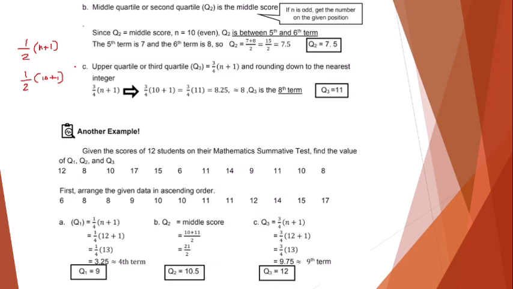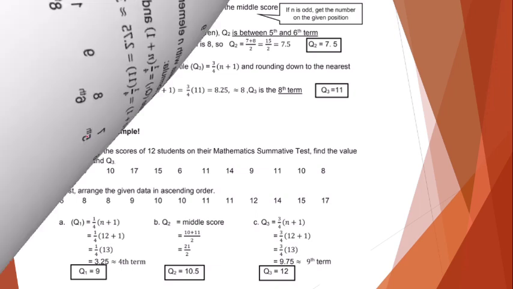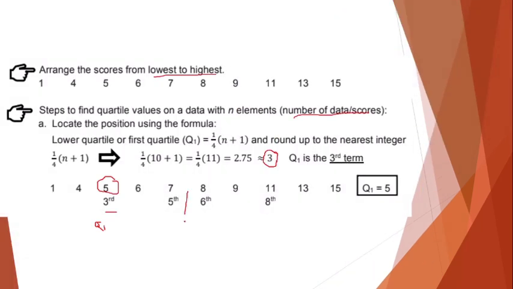So multiply, we have 11 over 2. If you divide it, that is 5.5. So your quartile 2 or the median is in the 5.5th term, that is between 5 and 6. This is your quartile 2.